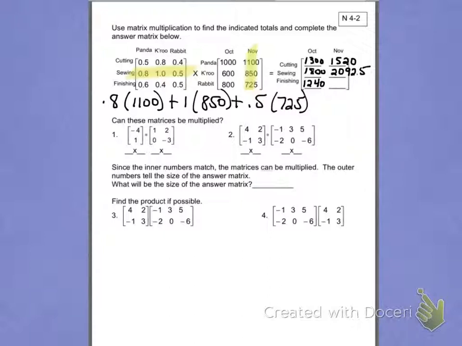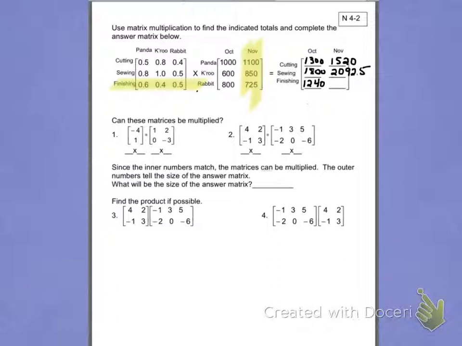And lastly then, to finish filling out this problem, we're going to have to do the last row by this second column for November to get the finishing hours in November, and that would be 0.6 times 1100 plus 0.4 times 850 plus 0.5 times 725.